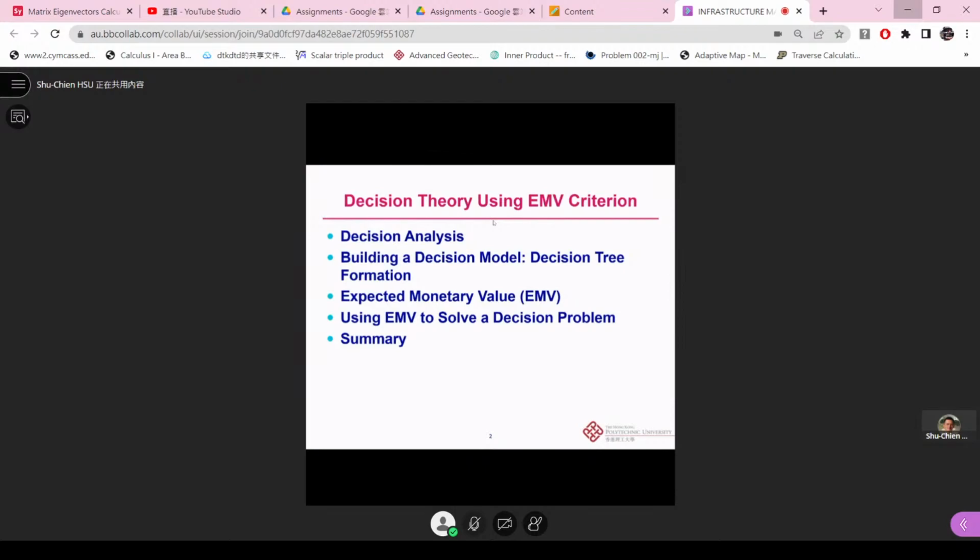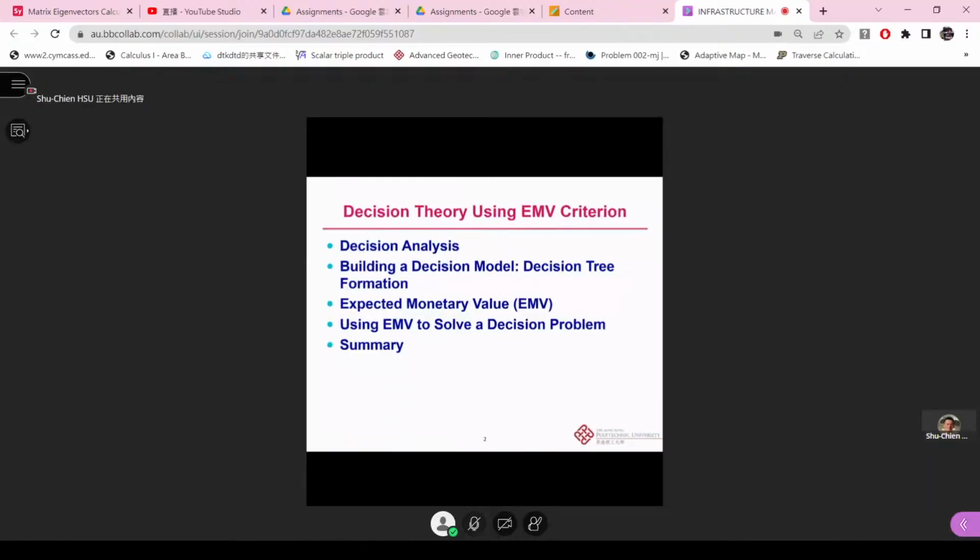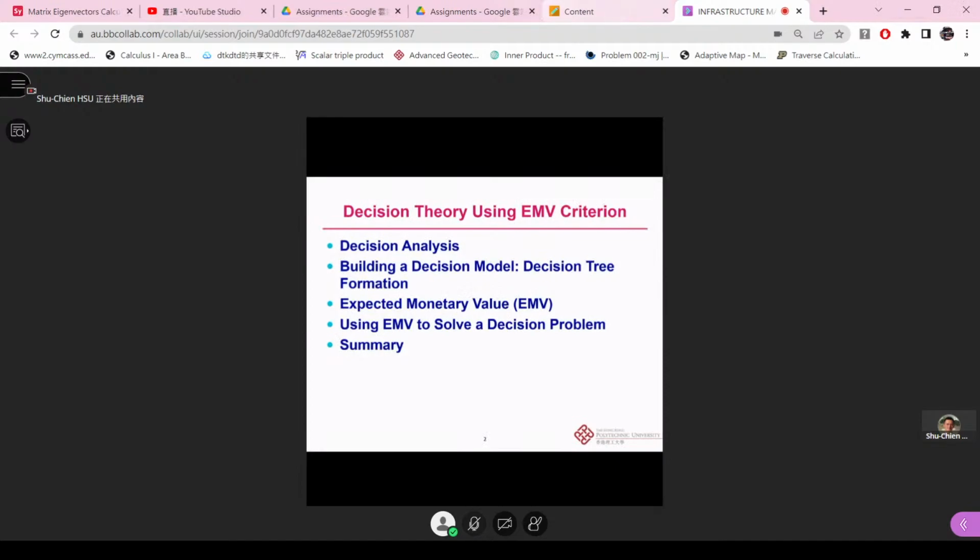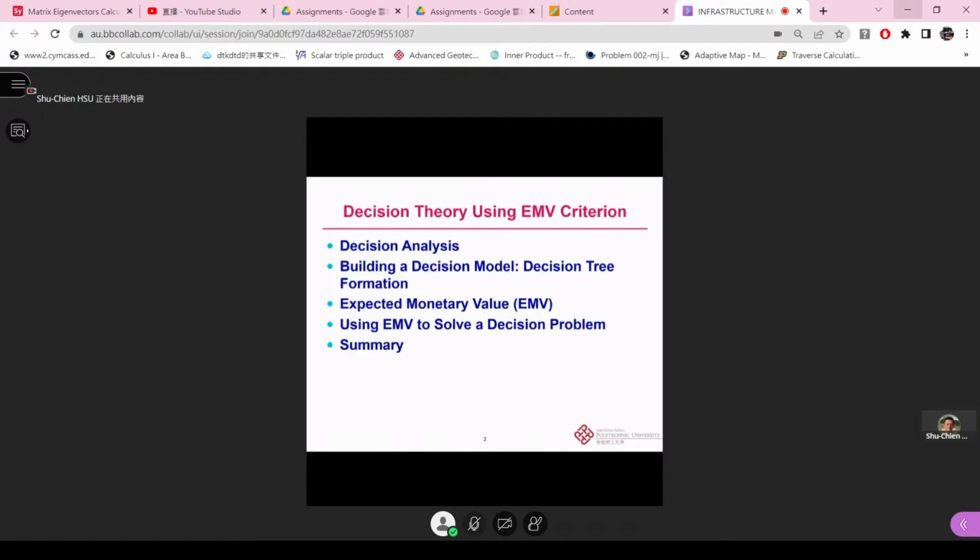For example, the project may not just follow what you expected from the beginning to the end, like what we talked about in project control. When we want to do a deeper decision analysis, we would like to anticipate some future situations. That is why we also talk about decision tree formation: we guess what the possible outcomes in the future will be. It's not only assuming that the alternatives will go as we expected.